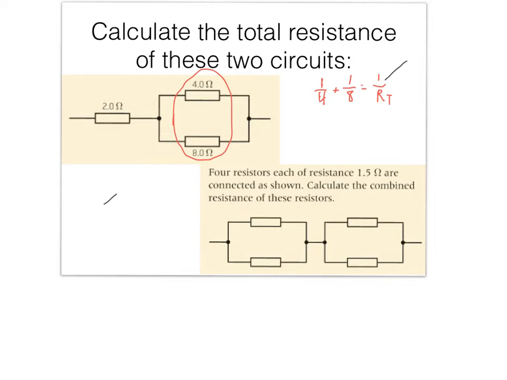Now that total resistance is just this red part here. If I find a common denominator, that will be 2/8 plus 1/8 equals 1/RT. So that would be 3/8 equals 1/RT. Now, you'll notice that that's just the reciprocal.